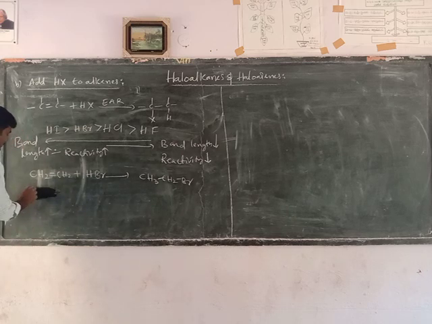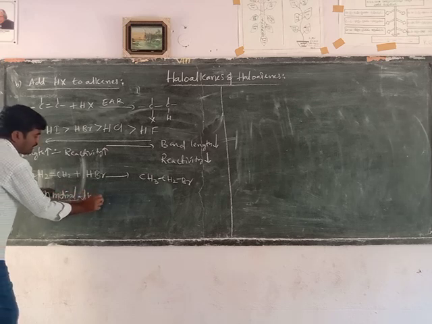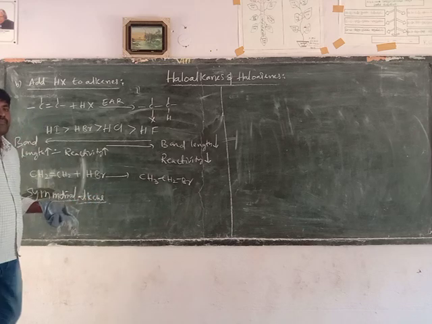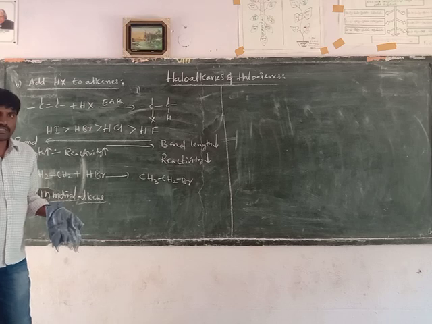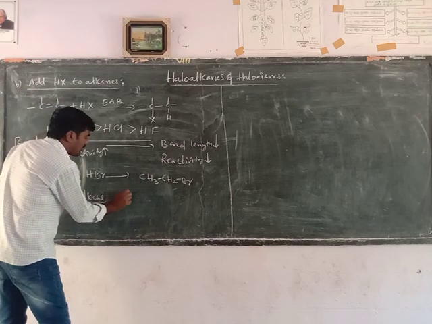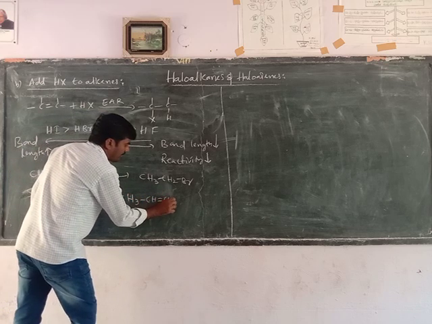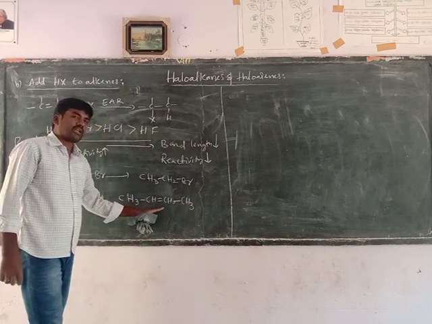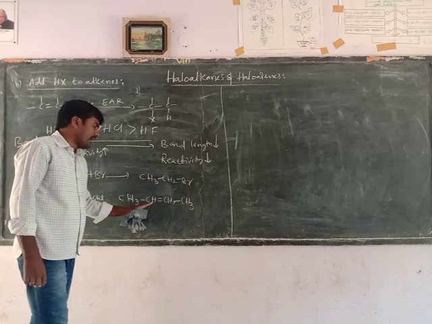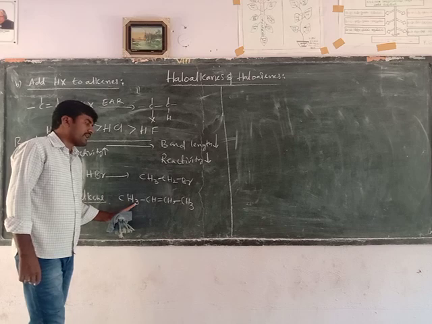First, symmetrical alkenes. What are symmetrical alkenes? Symmetrical alkenes means that on either side of the multiple bond, identical alkyl groups or hydrogen atoms are present. For example, 2-butene has the multiple bond between the second and third carbon, which have identical groups: hydrogen atom and hydrogen atom, and methyl groups. So this is a symmetrical alkene.